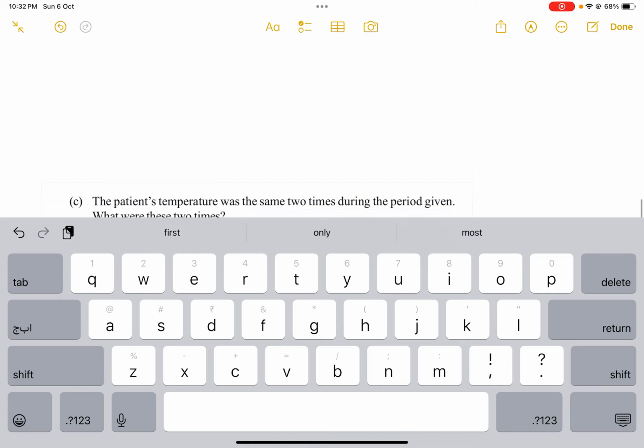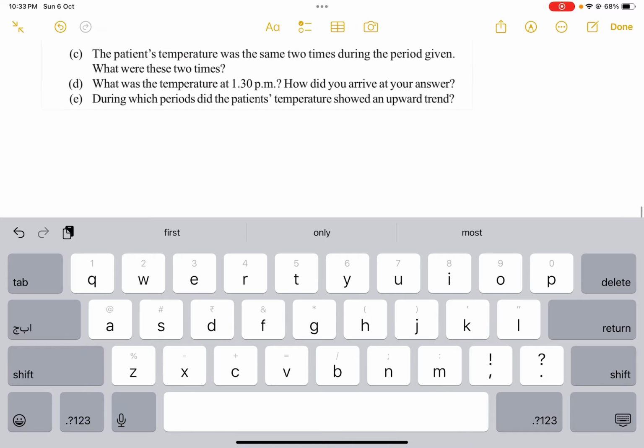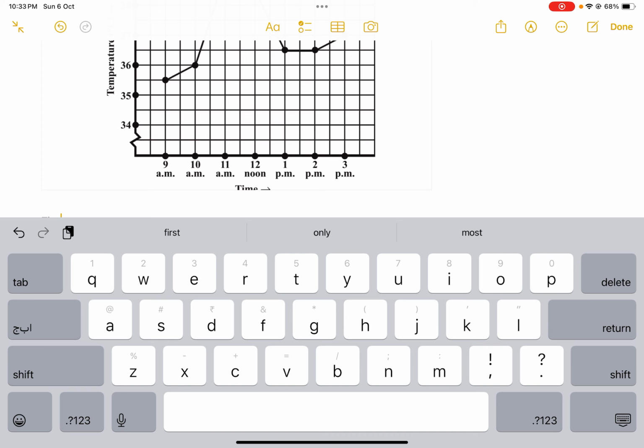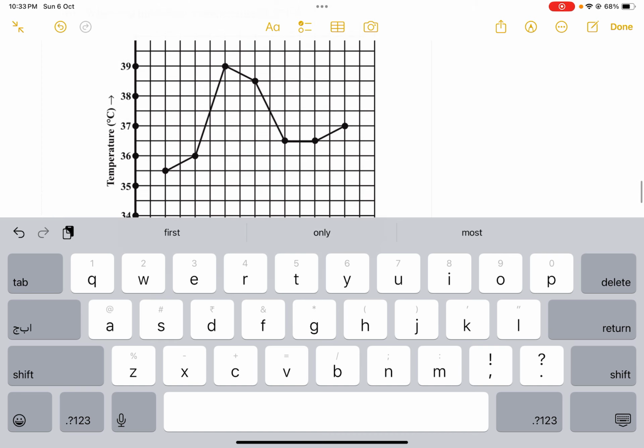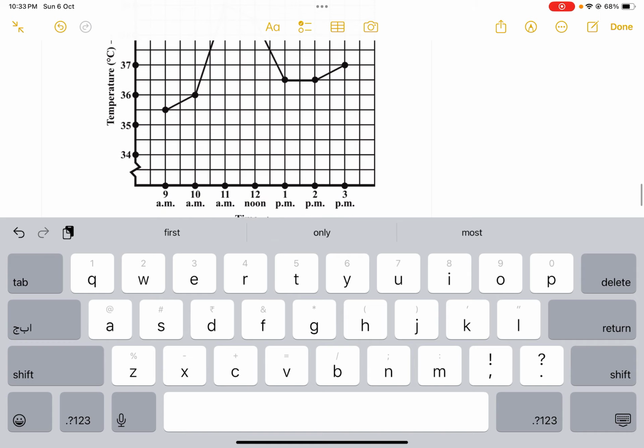The upward trend means, from what time it started increasing. That means from what time it is increasing.